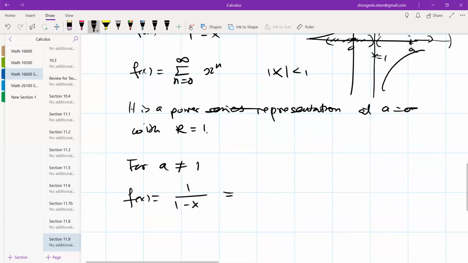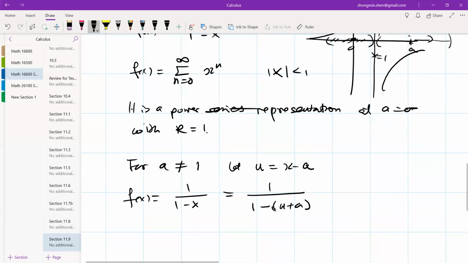So I'm going to write x and let u be x minus a, because I want to expand in u. Then x is going to be u plus a.